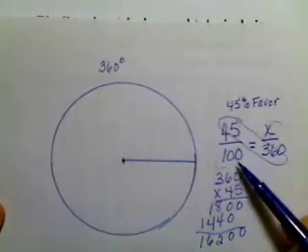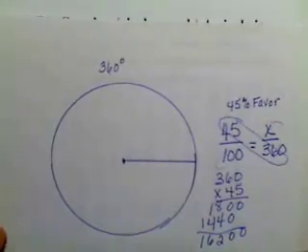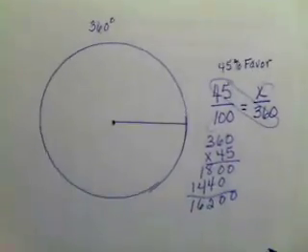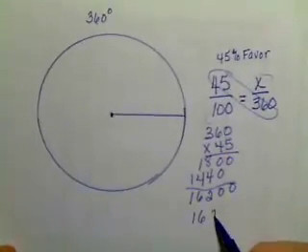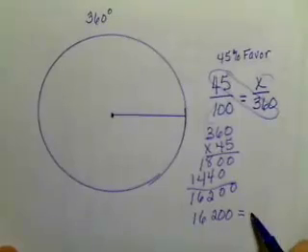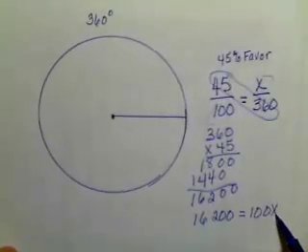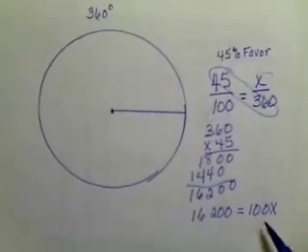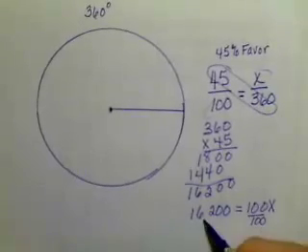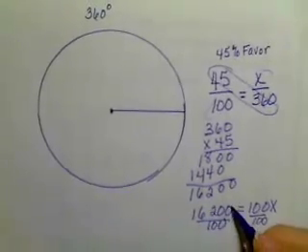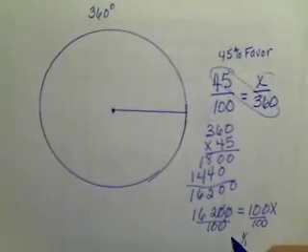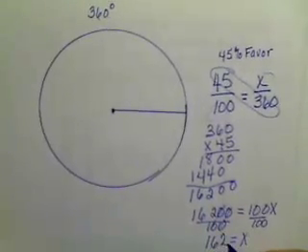Cross products. So I have an equation: 16,200 is equal to 100x. Then I'll divide both sides by 100, and I have x to be 162.